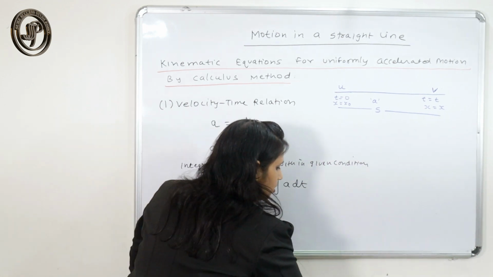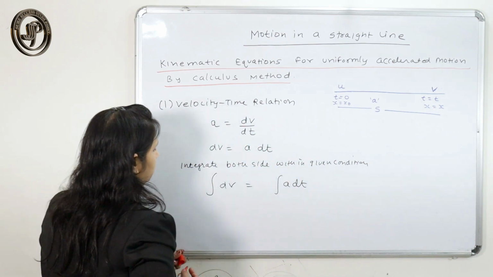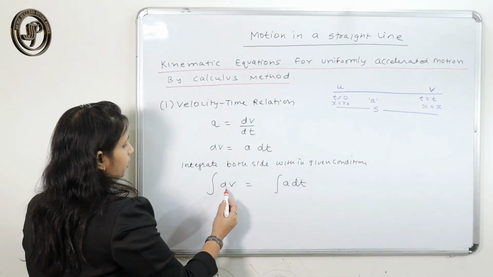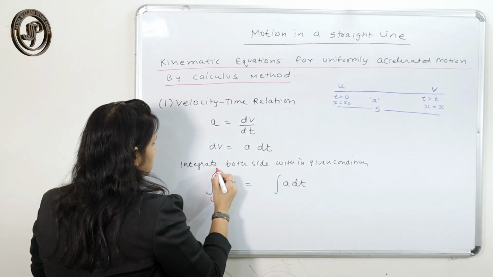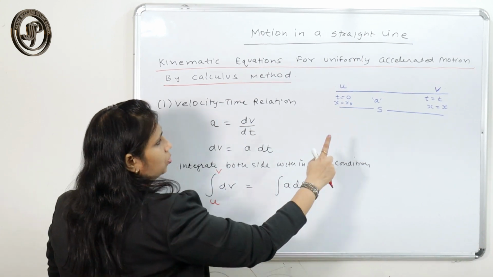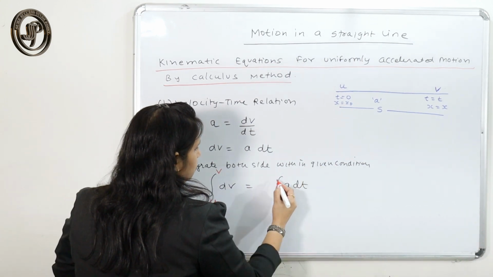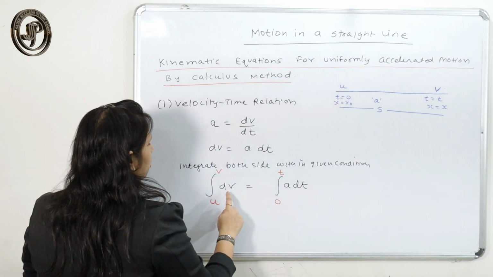Now I just need to put the limits. For dv, the velocity limit is from u to v, and for dt, the time limit is from 0 to t.